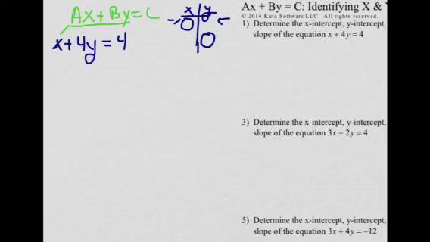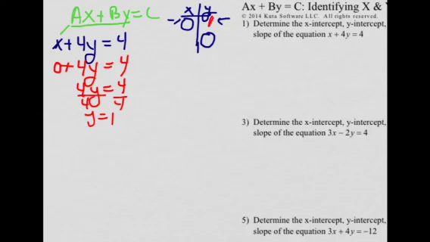So where I see an x, I put a 0: 0 plus 4y equals 4. Well, 0 plus 4y is simply 4y equals 4. Divide both sides by 4, and y equals 1. And there we have 1 as our y-intercept.